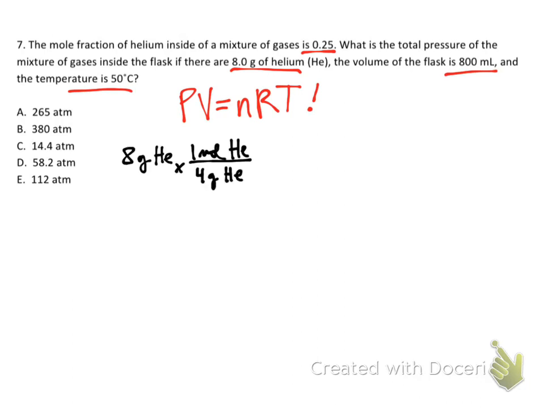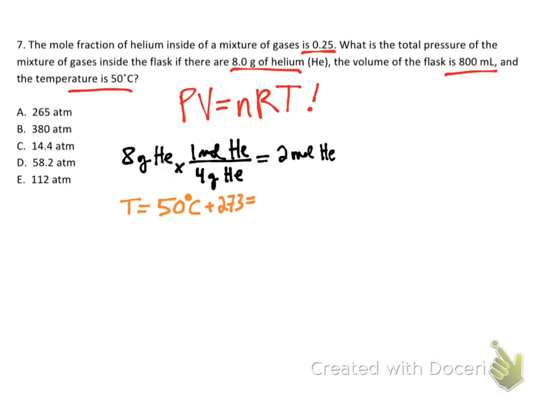So we need to find the number of moles of helium. A la the periodic table, helium is 4 grams per mole. So that means that we've got a cool 2 moles of our helium present in the sample. Also recall that volume needs to be in liters and temperature needs to be in Kelvin.